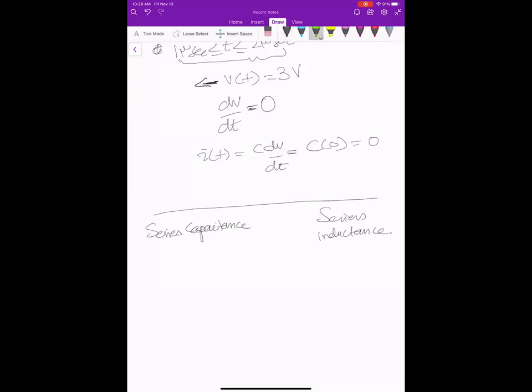So series capacitance is if you have this circuit in which you have capacitors in series, then the equation is like you are treating them in parallel.